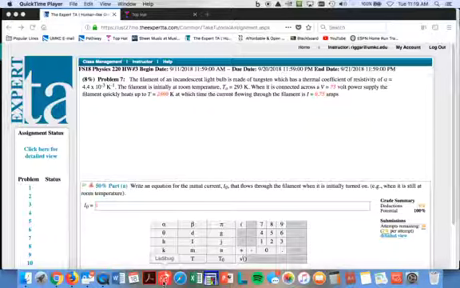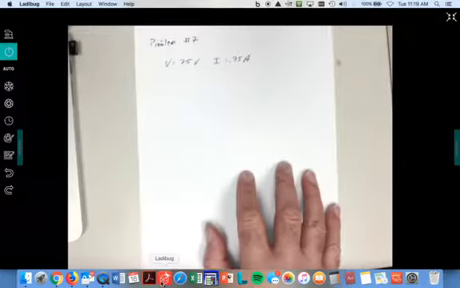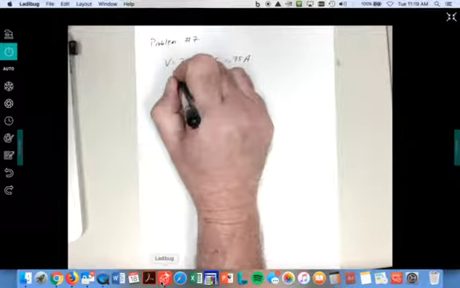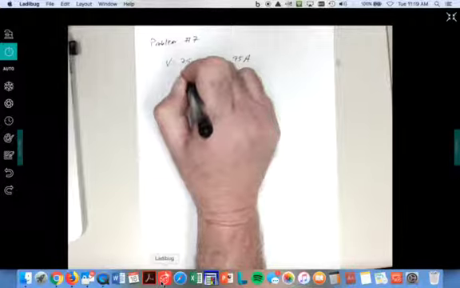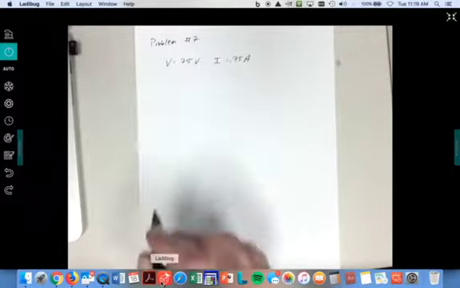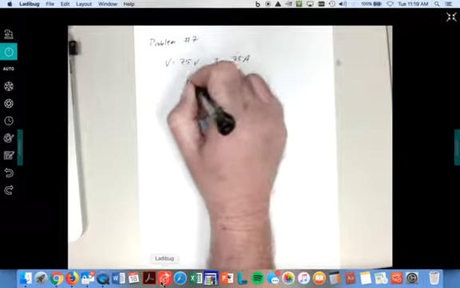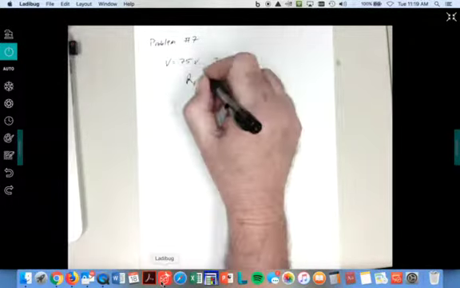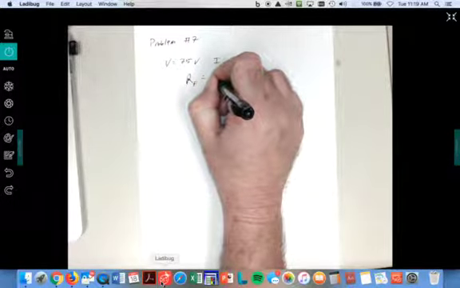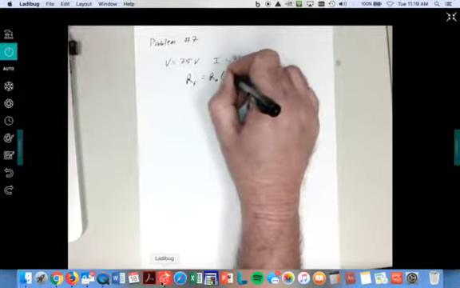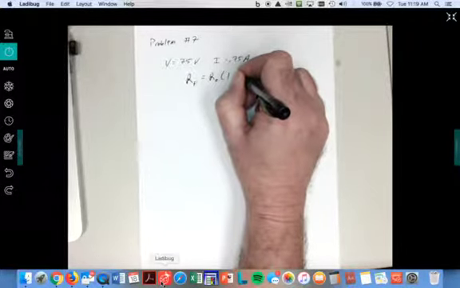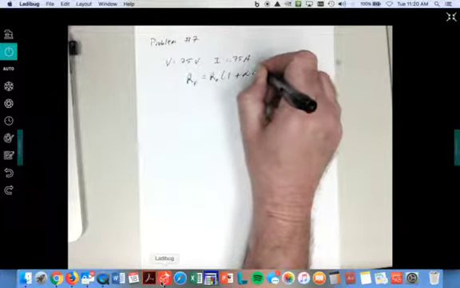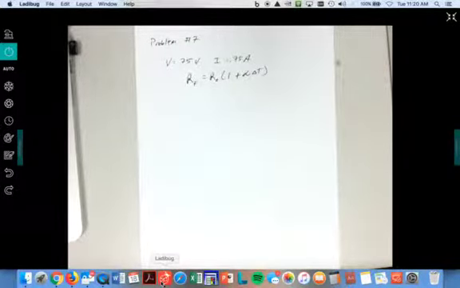Okay, so here we go. So here's what they want. We usually do it this way, where we say the resistance after it's heated up, R final, is equal to R naught, R original, times 1 plus the thermal coefficient of resistivity times delta T. That's what we're talking about.